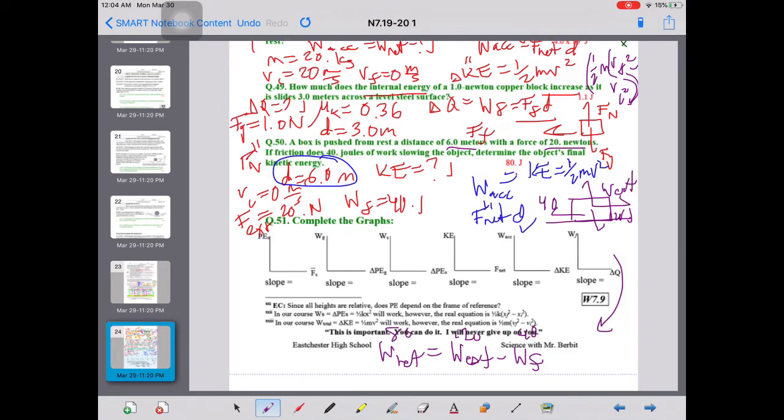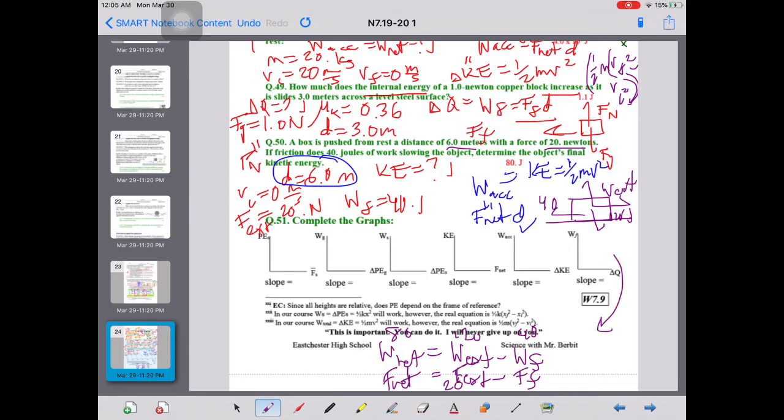The other way is to do this with forces, so you could actually get the force of friction here. You know that the external is 20, so if you did this with forces, F external minus FF will give you F net. F external, you know, is 20. FF, you would actually have to do, let's see, you got the work, do that FFD.